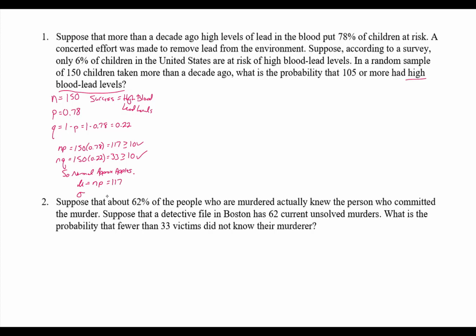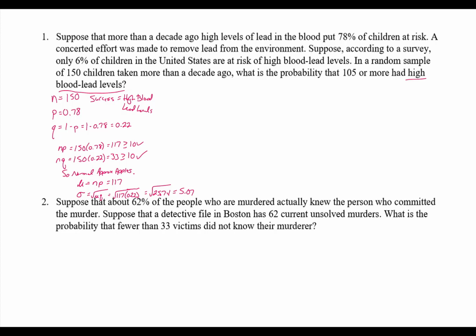And our standard deviation is the square root of N times P times Q, so the square root of 117 times 0.22. When we evaluate that, we get the square root of 25.74. If you calculate your variance first, that variance would be 25.74, which gives a standard deviation of 5.07. So those are the mean and standard deviation we're going to use.